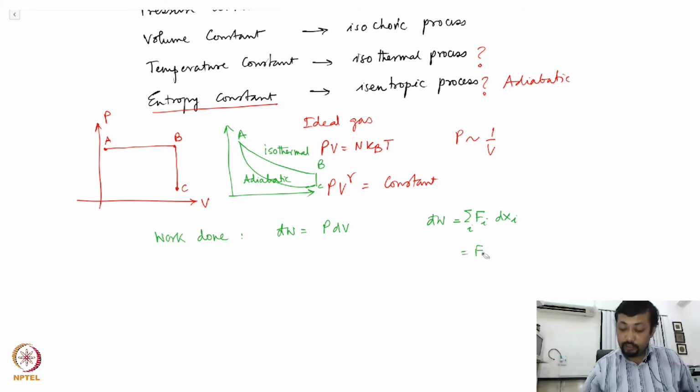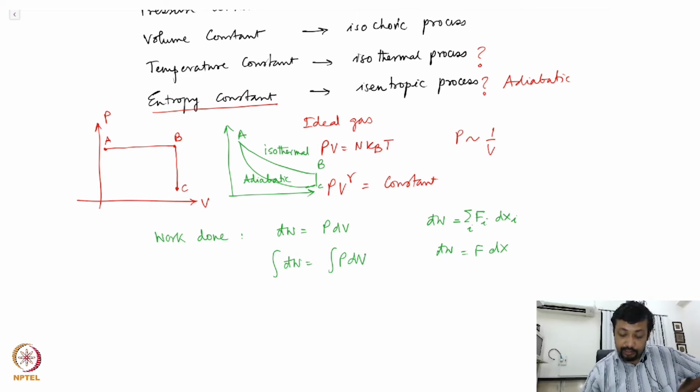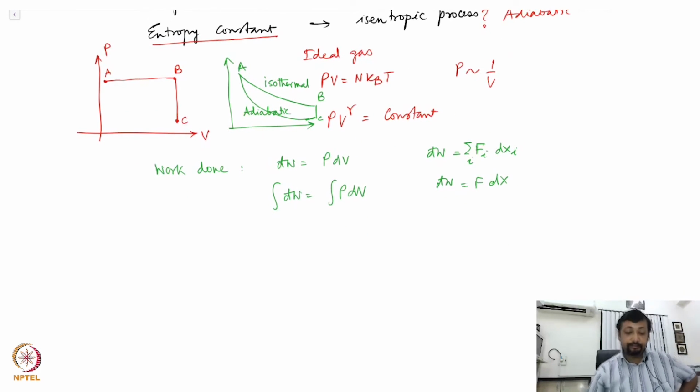Sorry, if you have just one thermodynamic coordinate, for example here I have only one extensive coordinate for the hydrostatic system, which is the volume, because N is typically held fixed here, then this is the work done. And therefore the total work done would be the integral of đW, which is the integral of P dV, right? So these are the nitty-gritty calculational details of how you calculate the work done, the heat exchanged, and so forth in this system.